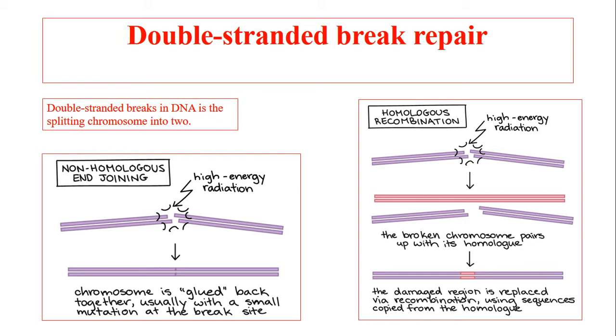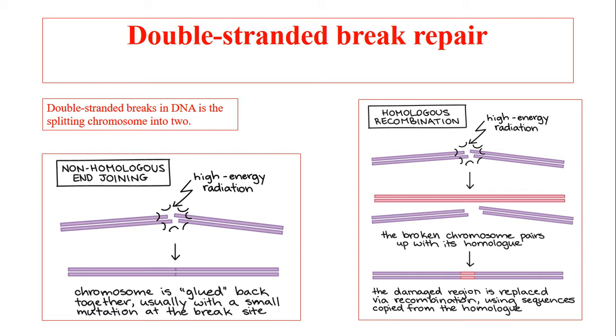This repair mechanism is messy and typically involves the loss or sometimes addition of a few nucleotides at the cut site. So non-homologous end joining tends to produce a mutation, but this is better than the alternative. I mean, loss of an entire chromosome arm.